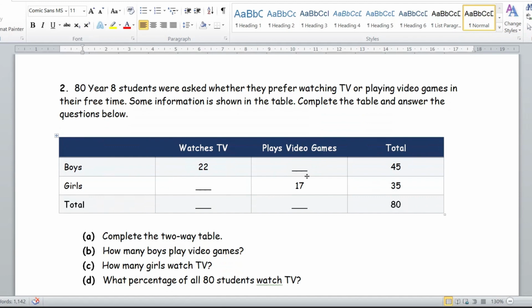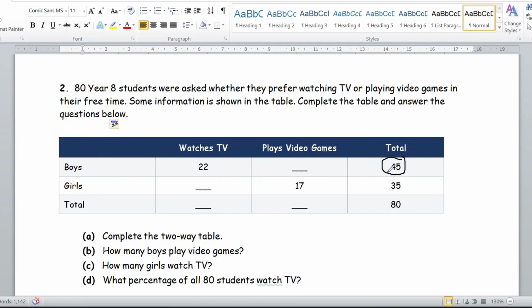So we have a table, and the first thing we ought to do is complete the two-way table. We'll do it bit by bit. For this first row, we have the total, in this case 45, and we have the number of boys that prefer to watch TV.